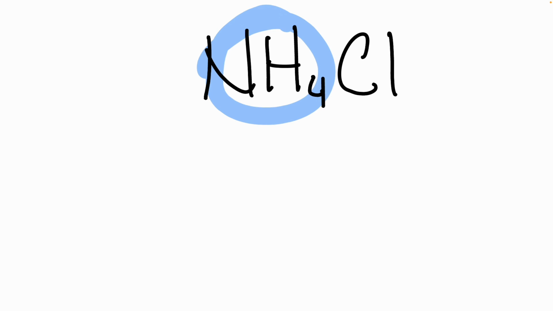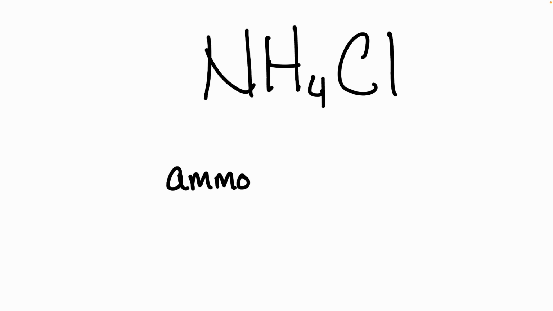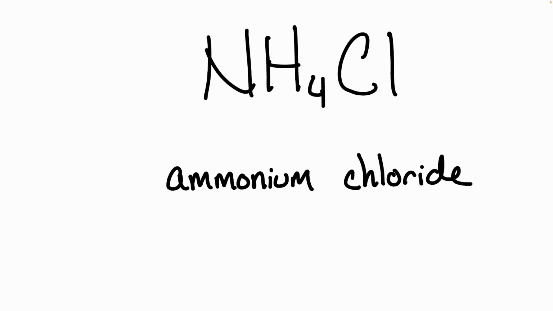Our only cationic polyatomic ion, the ammonium ion. So this isn't nitrogen tetrahydrogen monochloride, or anything crazy like that. This NH4 combo kind of has to jump out at you, and you say, nope, that is ammonium. So this is ammonium chloride.